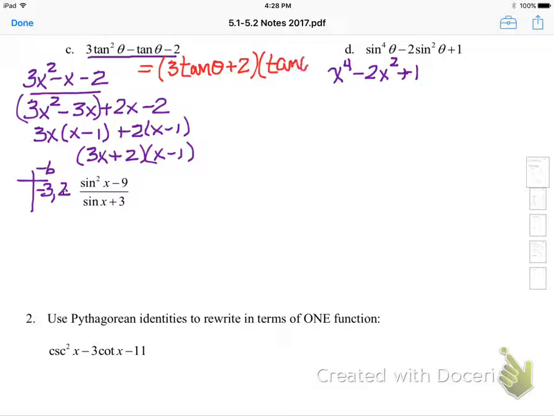I want you to go back to Algebra 2, and remember that this is no different than Algebra 2. So I've got 3 tan theta plus 2 times tan theta minus 1. And that is all I can do with that. I could change it to sine and cosine, but then I've got fractions, and it's a disaster. So here is my factored form and my most simplified form that I can have.